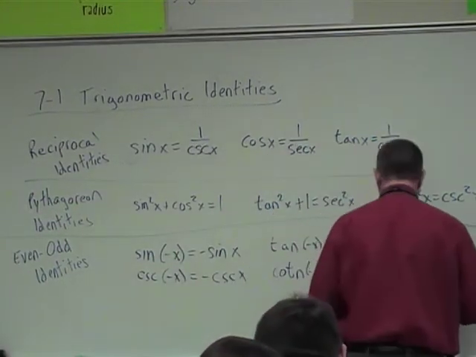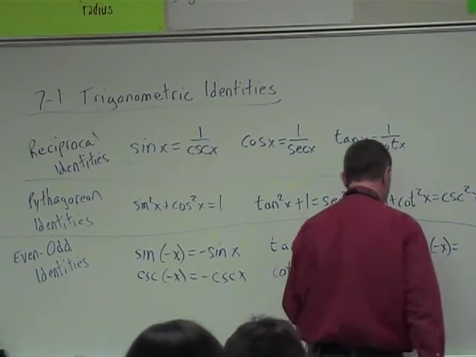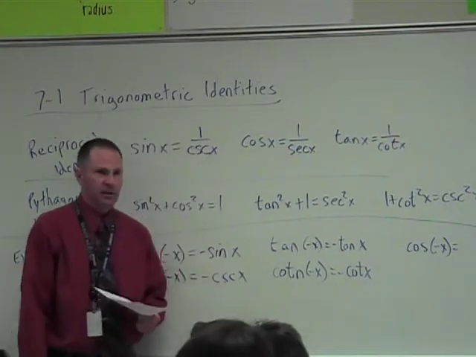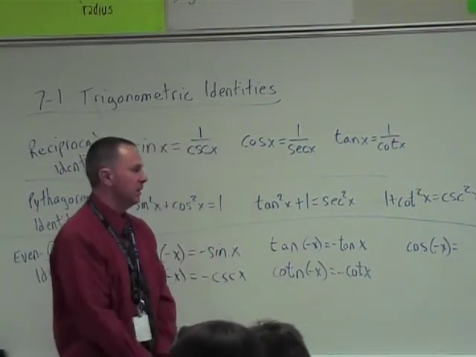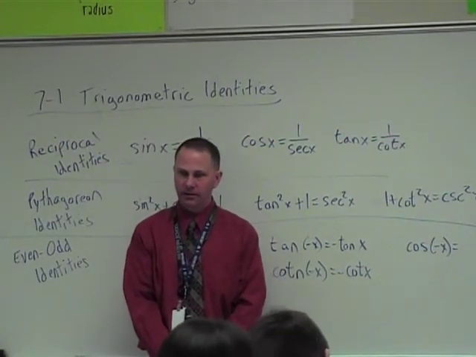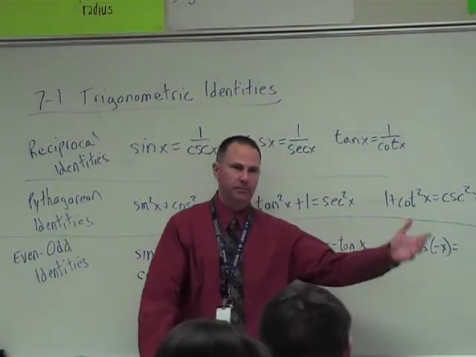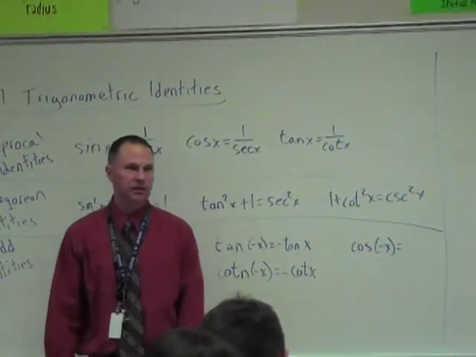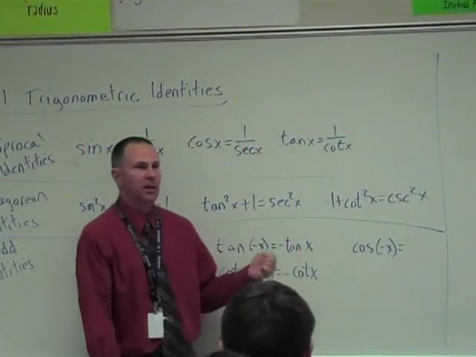So if I give you the cosine of negative x, I'm going to have you kind of walk through what this is. So let's talk about the cosine of negative pi over 6. So what is the x value at negative pi over 6?